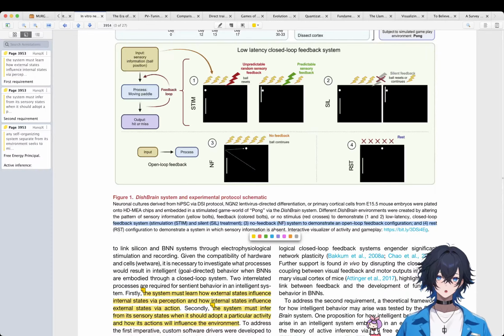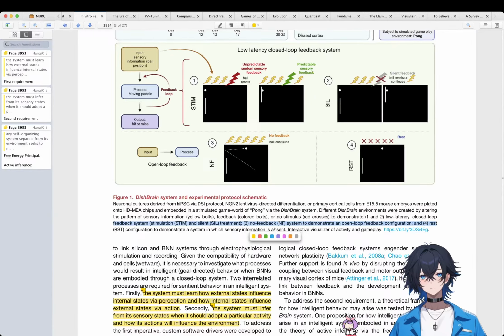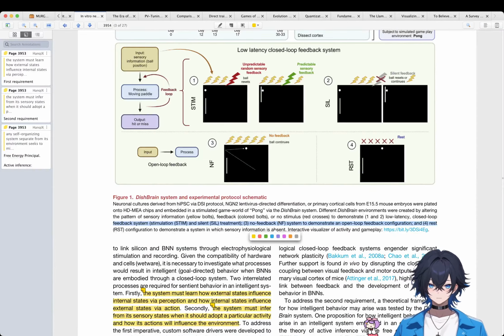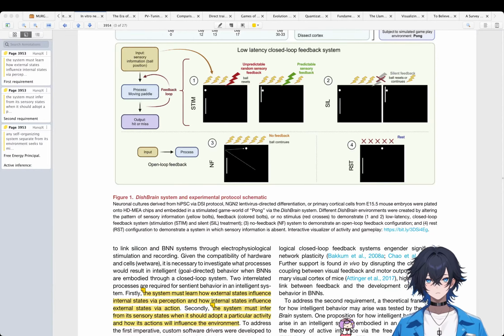Oh, I guess the only differentiating factor is that in the case where you miss the ball, I guess the ball resets to some central location. Okay, yeah, so normal pong game, the ball resets to the center.